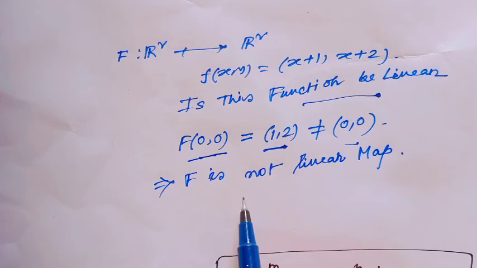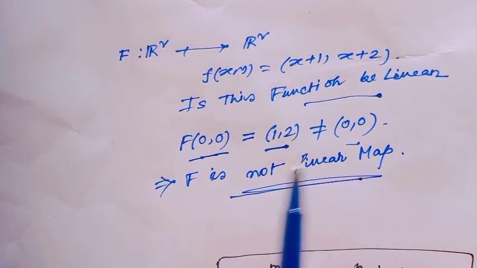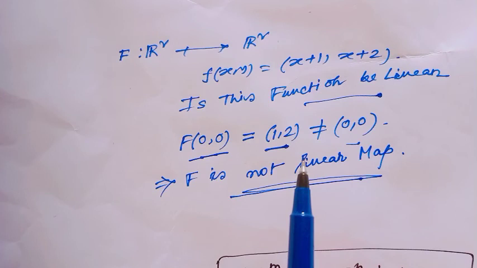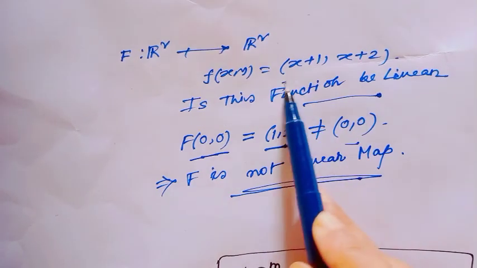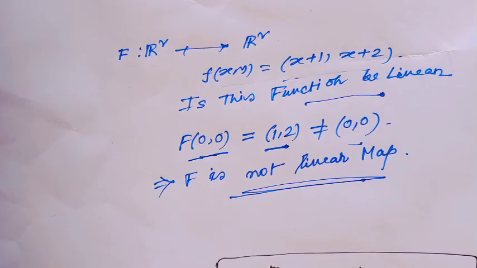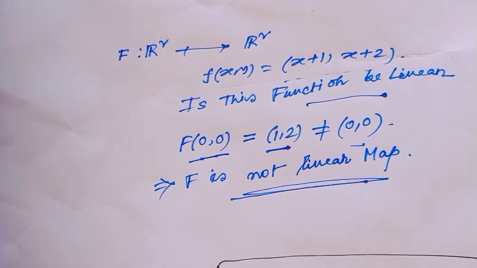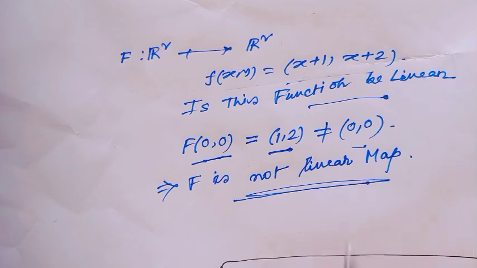So the function is not a linear map, because for linearity the condition is that 0 always maps to 0. So this type of example is not a linear function. That means for linearity, at first we have to check that the point (0, 0) maps to (0, 0).